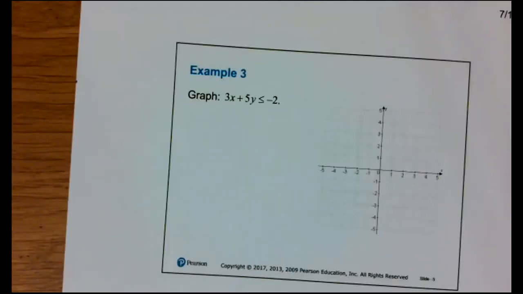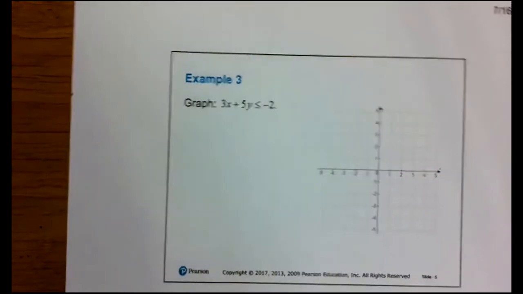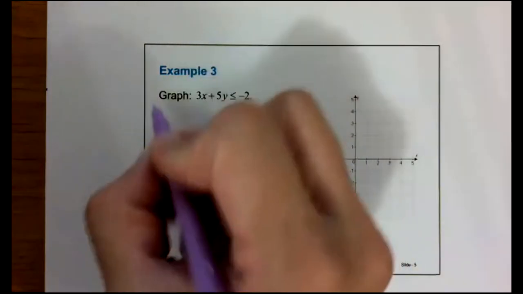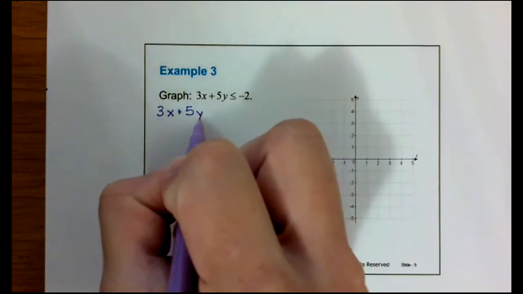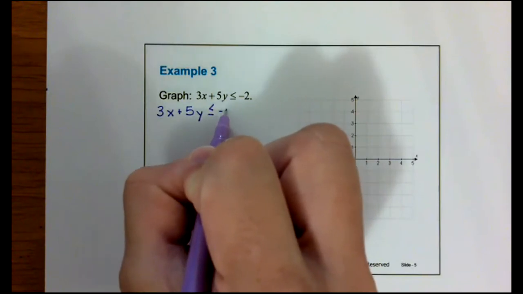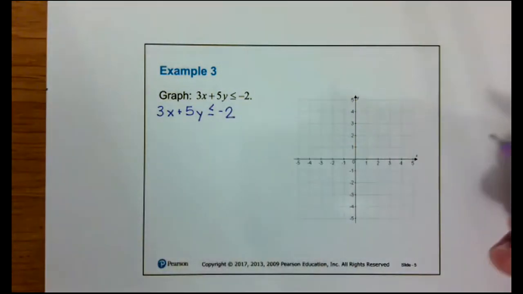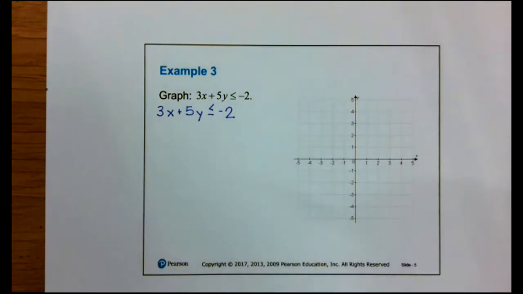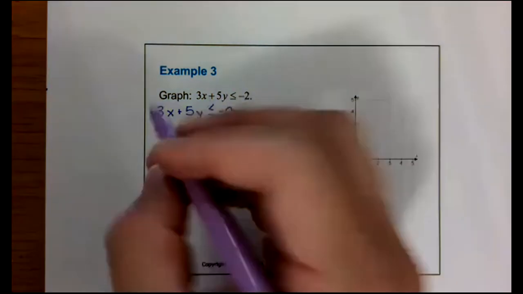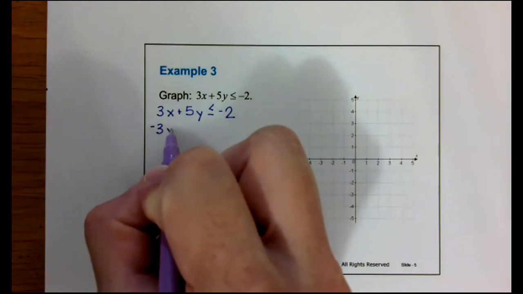Example 3, graph 3x plus 5y is less than or equal to -2. All right, I'm just going to write that again so I can solve for y. After you get used to the dashed line and the coloring toward positive or toward negative, it's just practicing graphing. So we'll take away the 3x from that side.